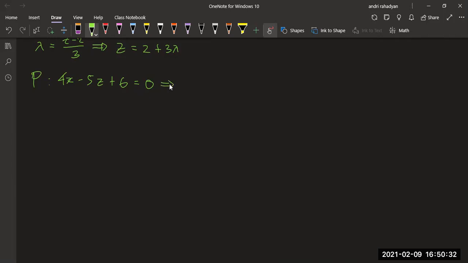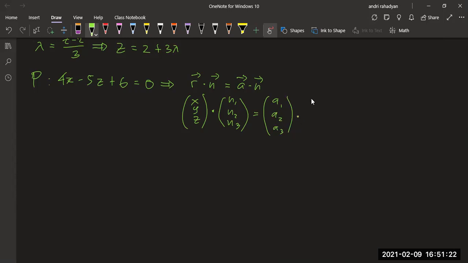This Cartesian form of the plane comes from r dot n equals a dot n, where r is xyz, n is n1, n2, n3, and a is a point in the plane P with position vector a1, a2, a3.